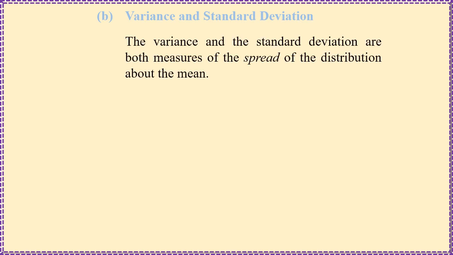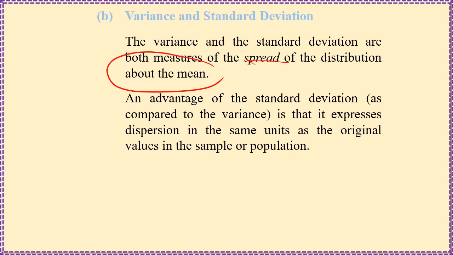The second one is variance and standard deviation. These two are really important. Now we have the formulas separately for grouped and ungrouped data. Variance and standard deviation both measure the spread of the distribution about the mean. An advantage of the standard deviation compared to variance is that it expresses dispersion in the same unit as the original values in the sample or population.